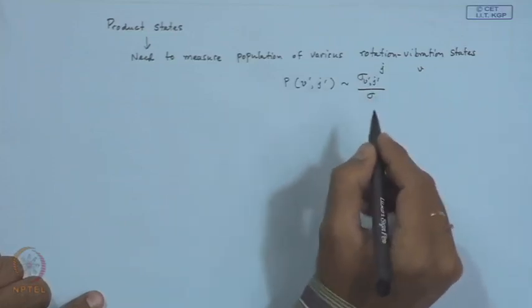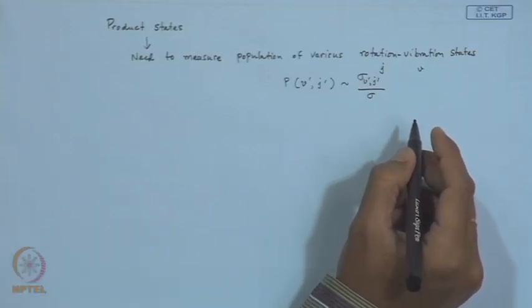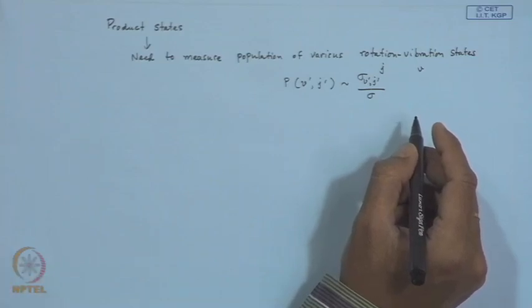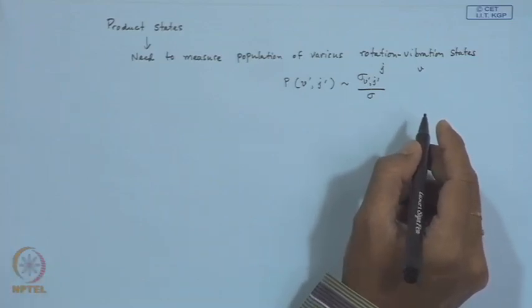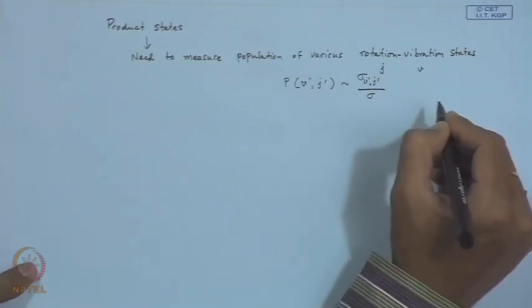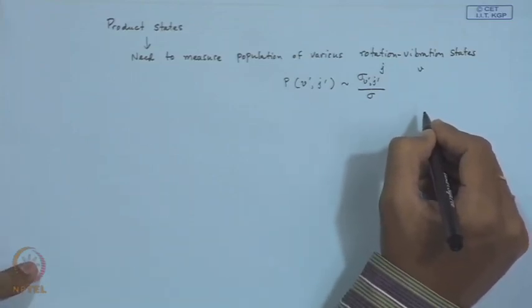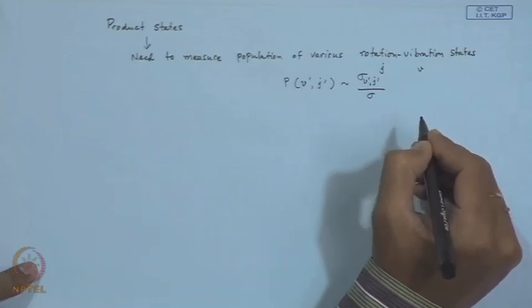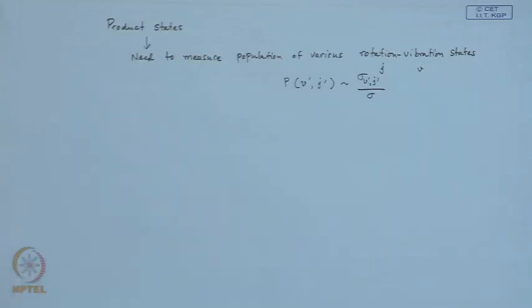Now if the velocities are not particularly selected, but are just thermalized, then the population provides information on the state resolved reaction rate constants. And the population also provides information on the nature of the potential energy surface.